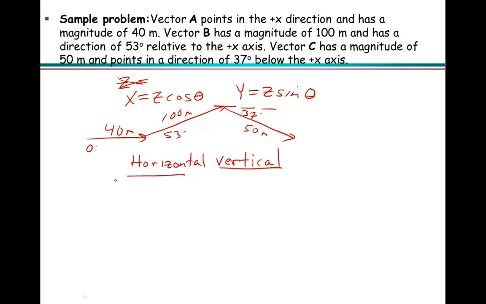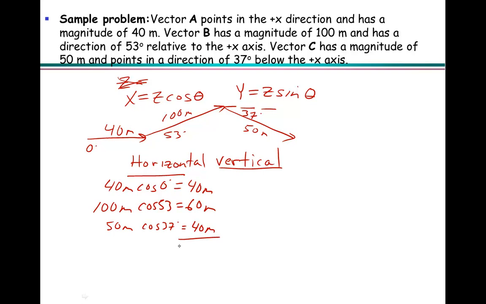In the horizontal, we take 40 meters multiplied by the cosine of 0 degrees, which turns out to be 40 meters. Then 100 meters times cosine 53 degrees gives us 60 meters. 50 meters times cosine 37 degrees gives us 40 meters. And that's supposed to come out as 140 meters as we add them up.